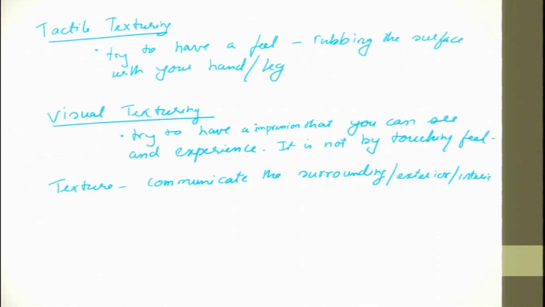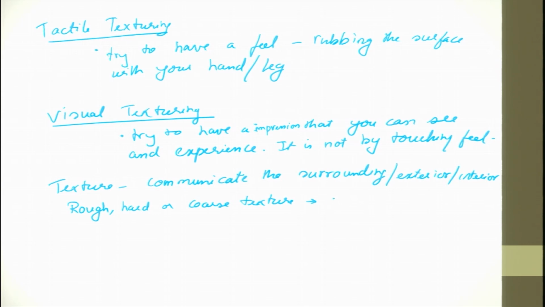For example, inside a room, inside a box, inside an AC theater, inside a virtual walk, all these things, textures just give a feel. It gives you a communication like rough, hard or coarse texture.